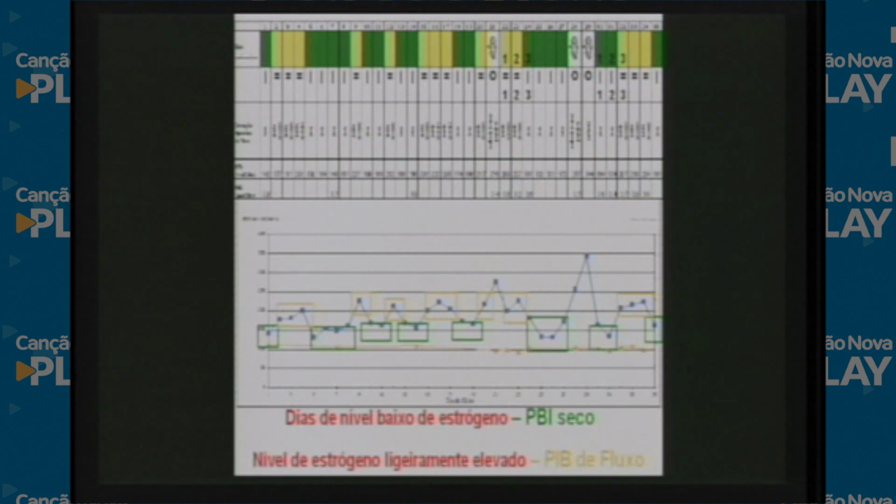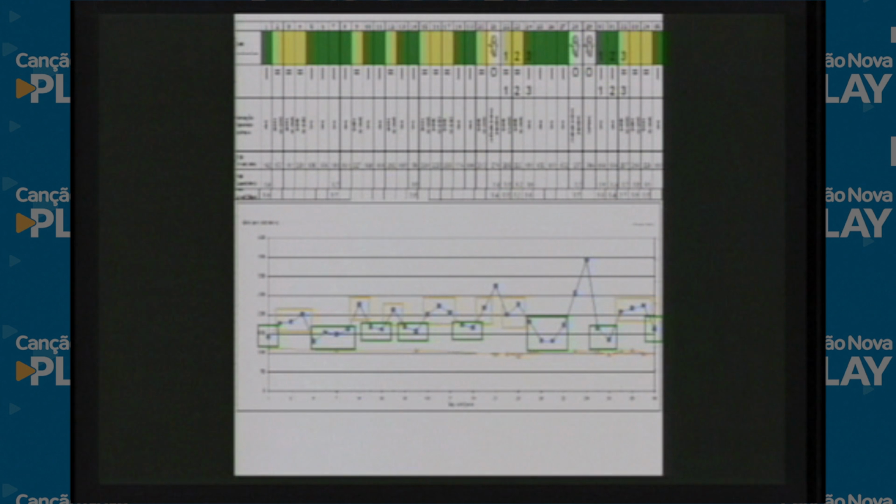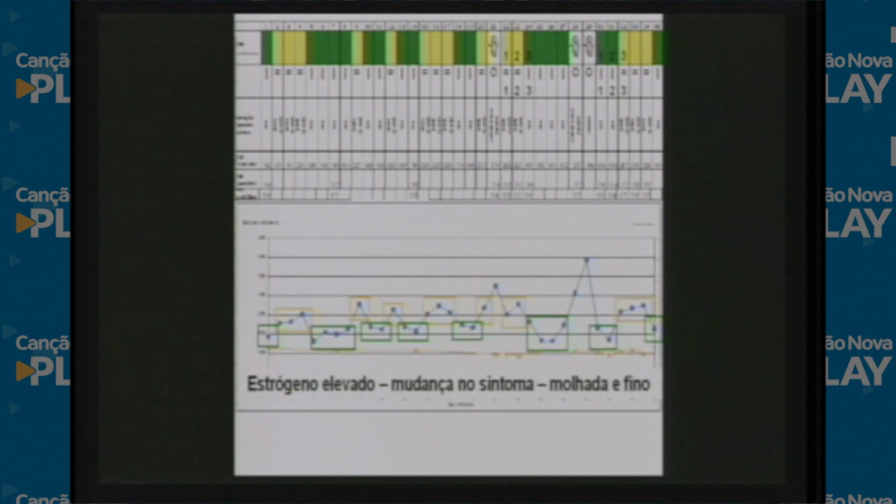You will notice that there are a few days where there is a stamp with the white with the baby. On those days, she said she felt wet and there was some thin mucus. And immediately we see the rise in estrogens.